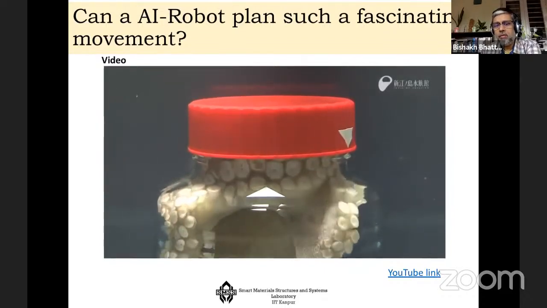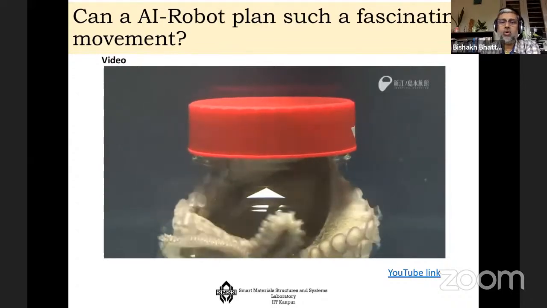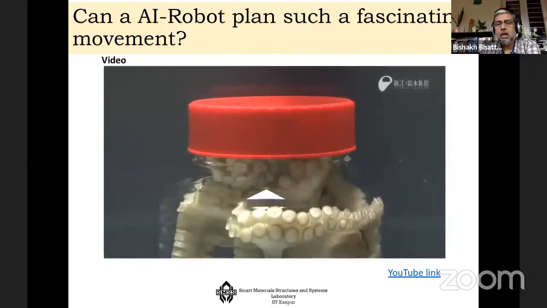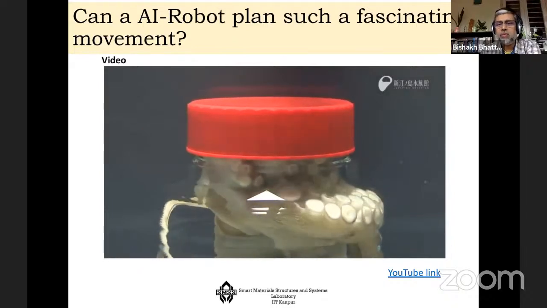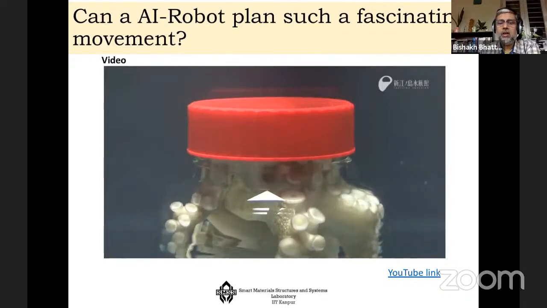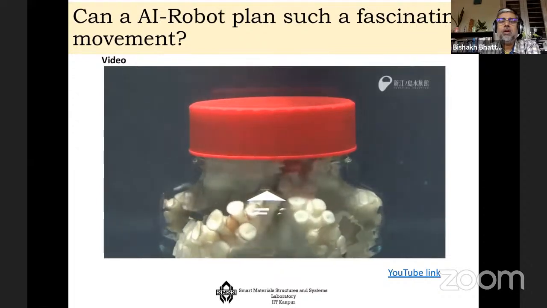It has all the feelings in its arms itself. It has all the intelligence in its arms itself. Much unlike us, it has no centralized brain in that sense. With the help of these arms, it is understanding which way the lid can open up.